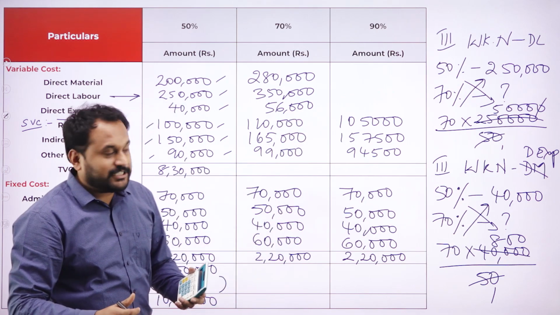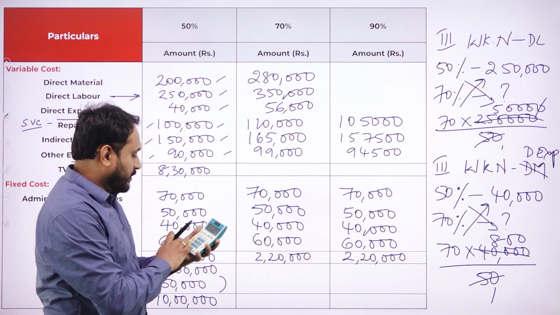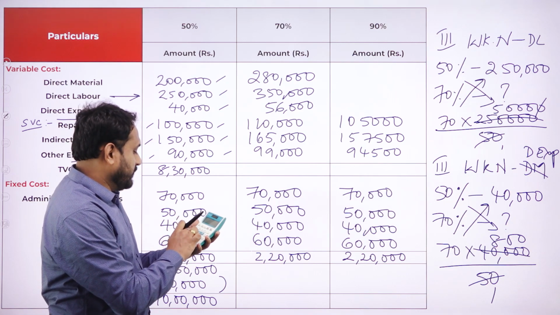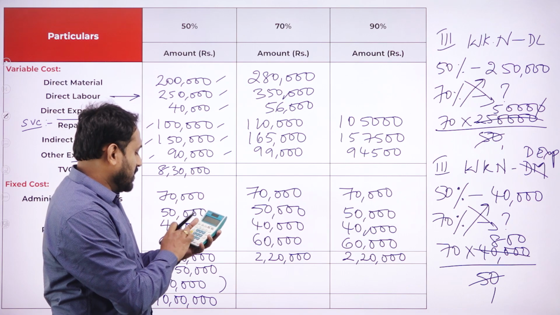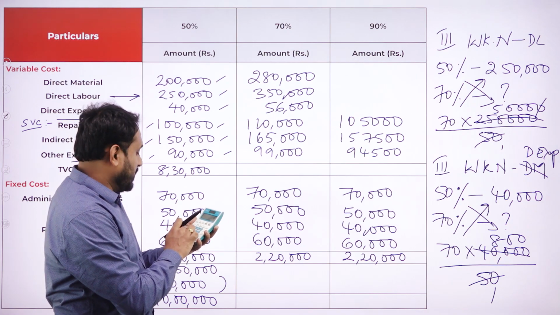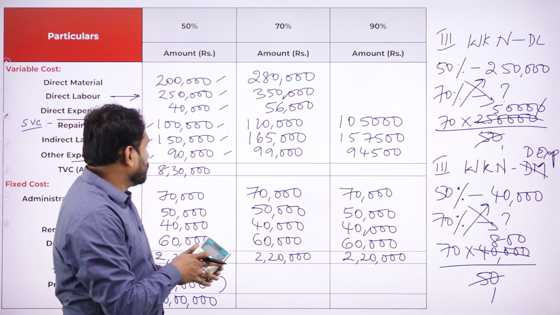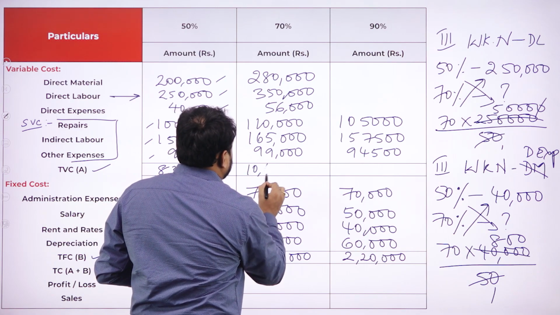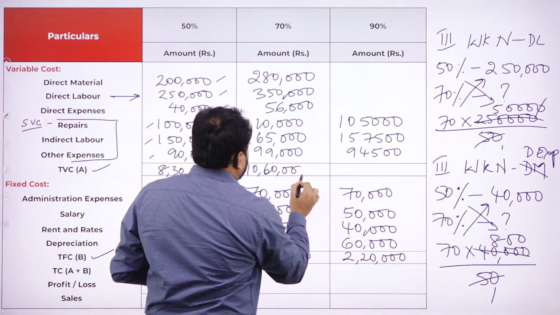So let's add each and everything. We have 280 plus 350 plus 56 plus 110, then 165, and we have 99. Total it is 10,60,000. So we'll write here 10,60,000.